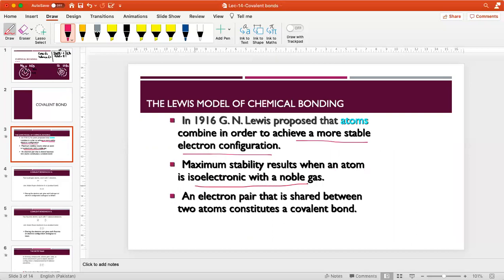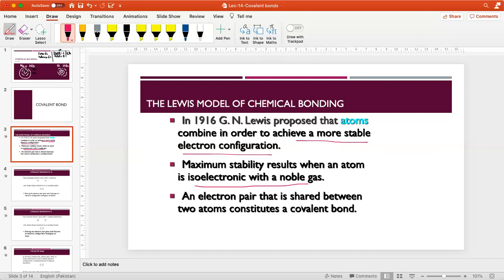Why does every atom need to be isoelectronic with a noble gas? Because the noble gas has a complete octet. Their 8 electrons are complete: 2 in the first shell, 8 in the second, 8 in the third, and so on, depending upon the atomic number, because the atomic number represents the total number of electrons.